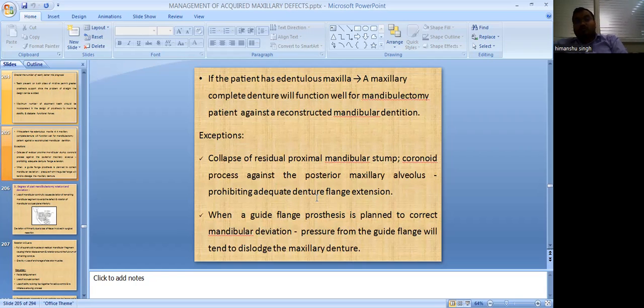Exceptions are collapse of residual proximal mandibular stump, that is a coronoid process against the posterior maxillary alveolus, prohibiting adequate denture flange extensions. With a guide flange prosthesis planned to correct mandibular deviation, pressure from the guide flange will tend to dislodge the maxillary denture.